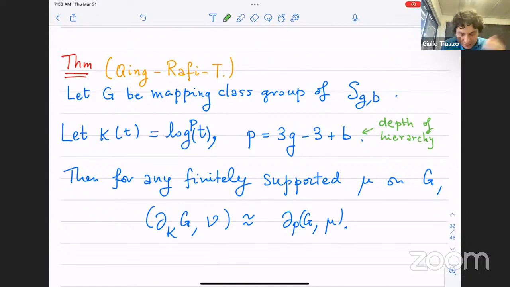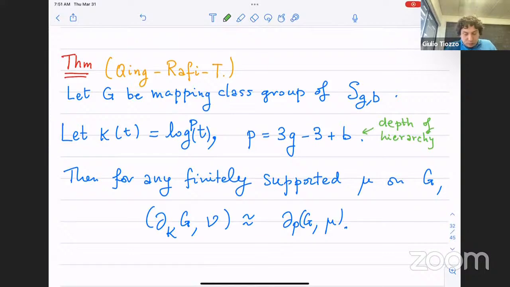So we didn't write it in that generality, but you will see that the ingredients are there, so that should not be very different. Okay, so those would be the main theorems.